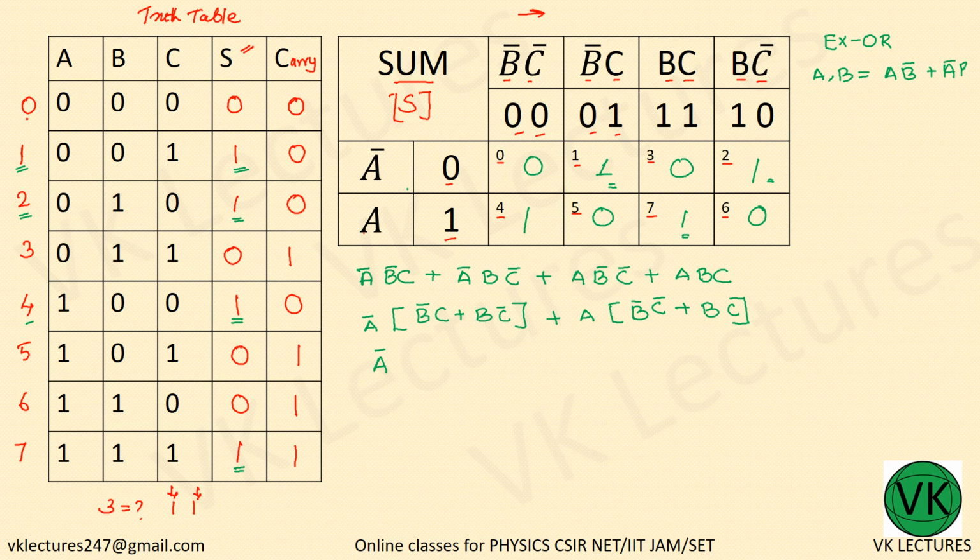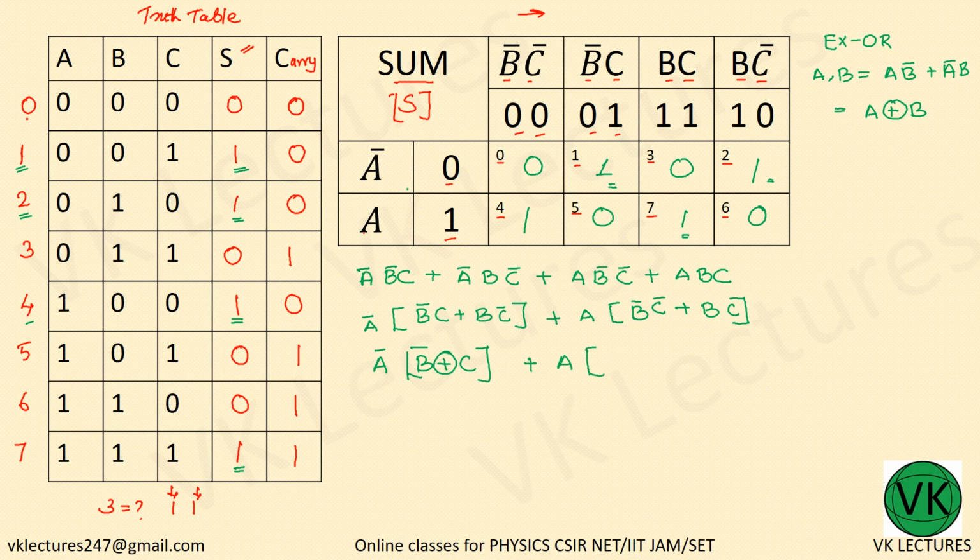So how do we write that? A XOR B. So this becomes B XOR C. So that is the first term, plus A into, what about this?